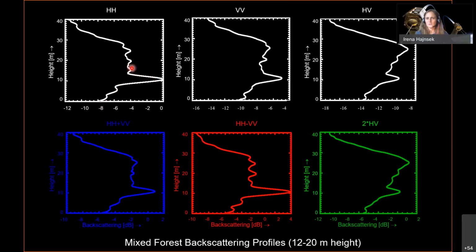If you look at the different interferometric polarizations, then you see that at least for HV you have quite strong contributions on top, and the same for twice HV, you have quite a strong contribution in terms of volume.